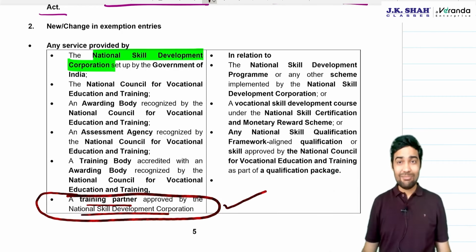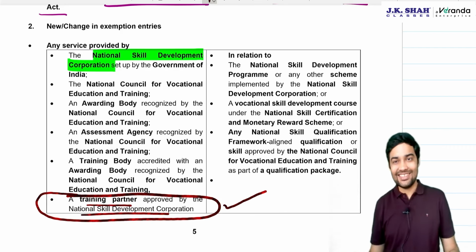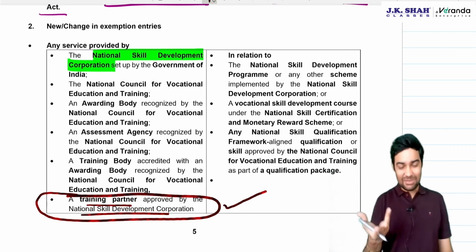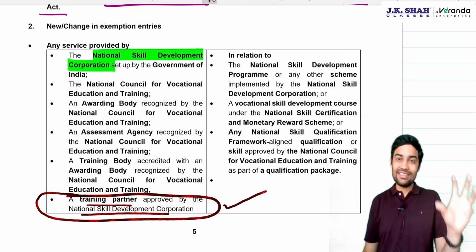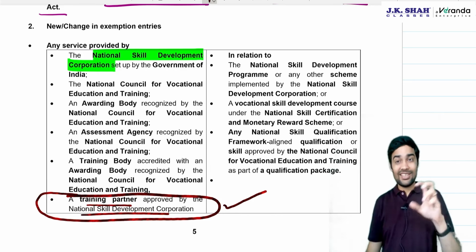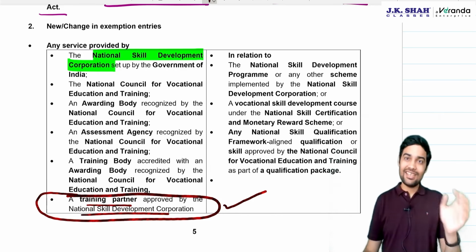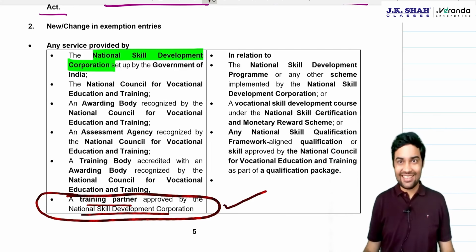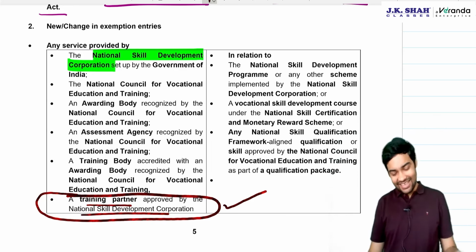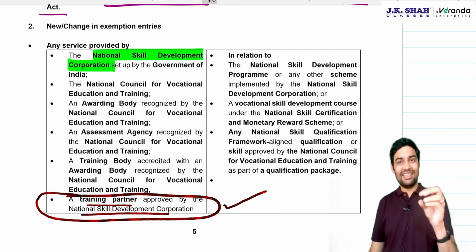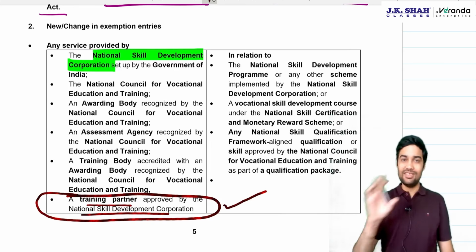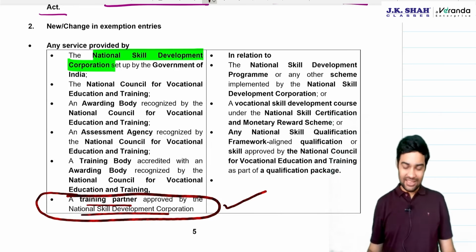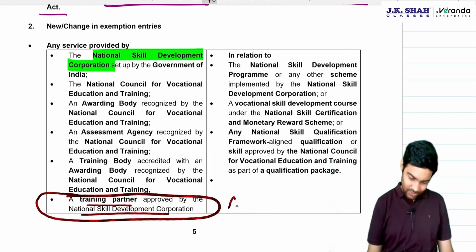All these training partners then wrote to NSDC saying, please tell the finance ministry they have deleted our name. Training partners are approved by NSDC and were getting the exemption, and suddenly their name was deleted. Then government added their name again, saying that training partners approved by National Skill Development Corporation are not liable to GST. So this is the amendment portion.